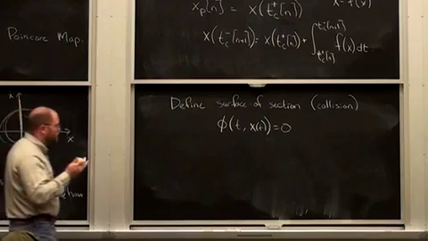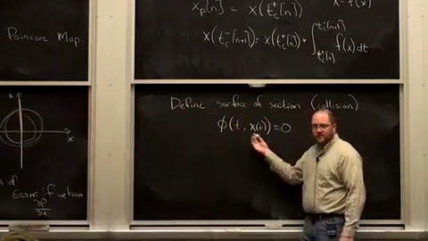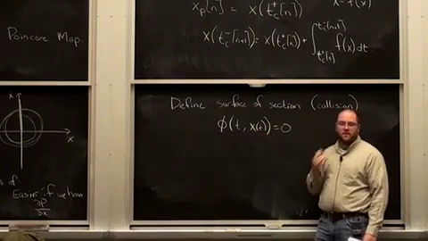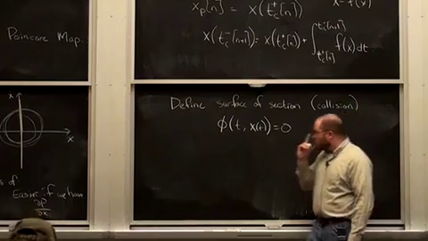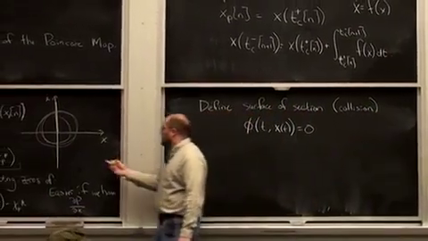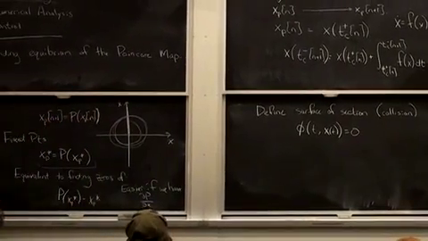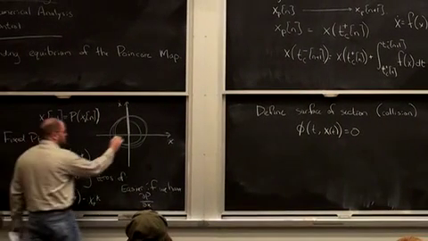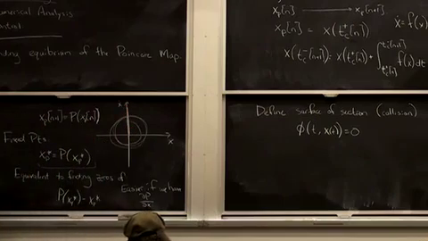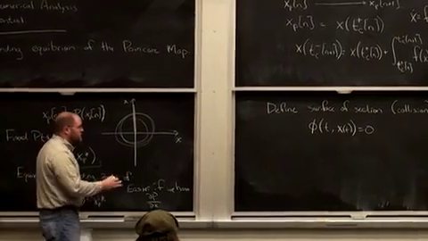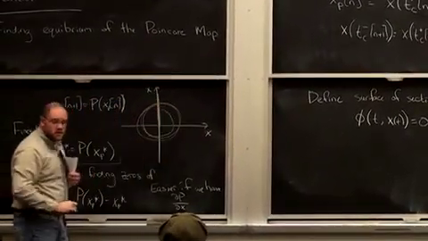There's some manifold of states that I can describe by this function, which will define my surface of section. So what was it for the van der Pol oscillator? I defined my surface of section to be this thing going forward. What this surface of section is, you define it as some function which just happens to be 0 here.